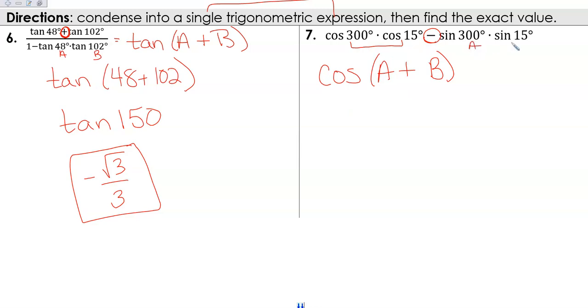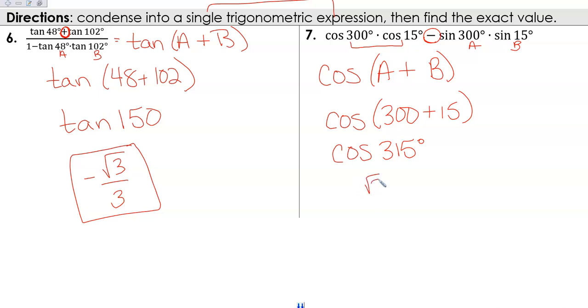My two angles here are A and B, so this is going to be the cosine of 300 plus 15. So it's the cosine of 315 degrees. And if we use our unit circle, we see that this is the square root of 2 over 2. Okay? Don't let it be harder than that.